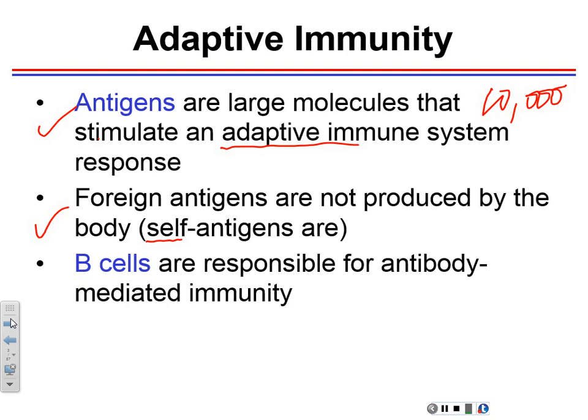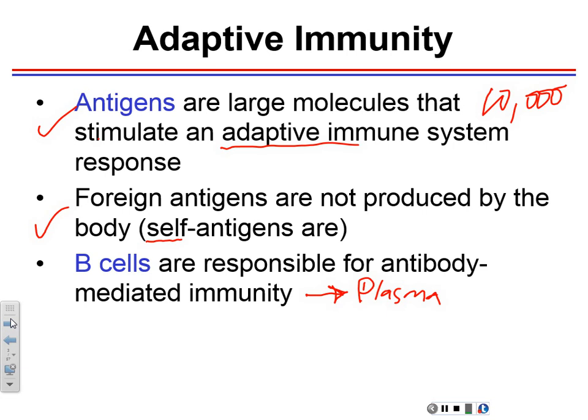So, like we said, the B cells are responsible for forming antibodies. Antibodies are specific for a particular microorganism, all right? And B cells will first of all differentiate into what? Plasma cells, right? B cells will differentiate to plasma cells. Plasma cells are the ones that produce antibodies, okay?